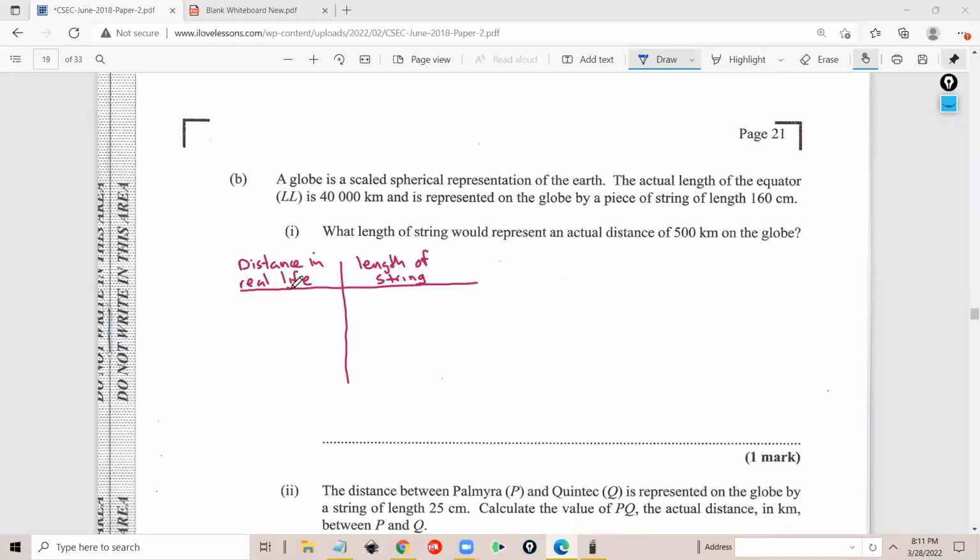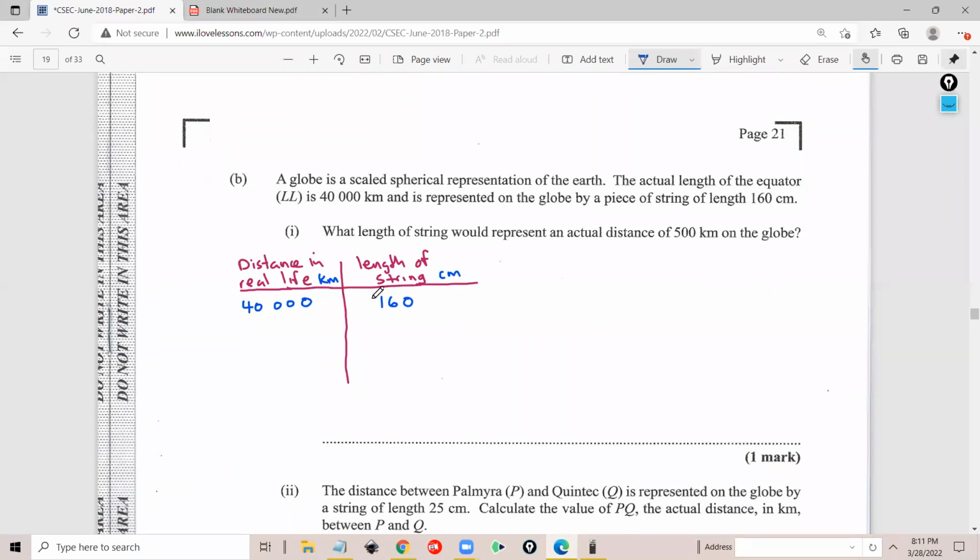Right, so distance in real life. They gave you a kind of comparison here. They said the equator in real life is 40,000 kilometers, right? So they have this in kilometers and the length of the string is in centimeters. Now, apparently, this 40,000 kilometers is represented by only 160 centimeters of string.